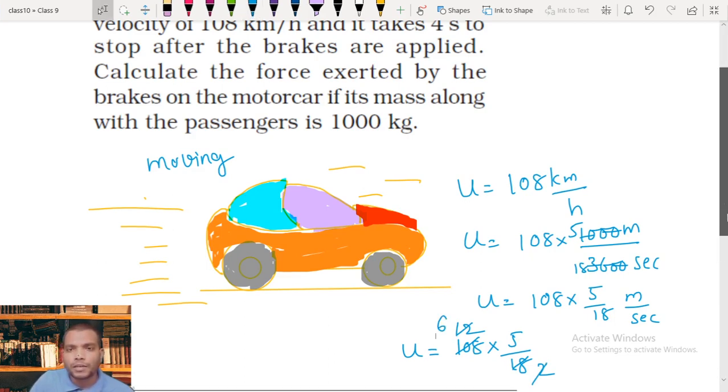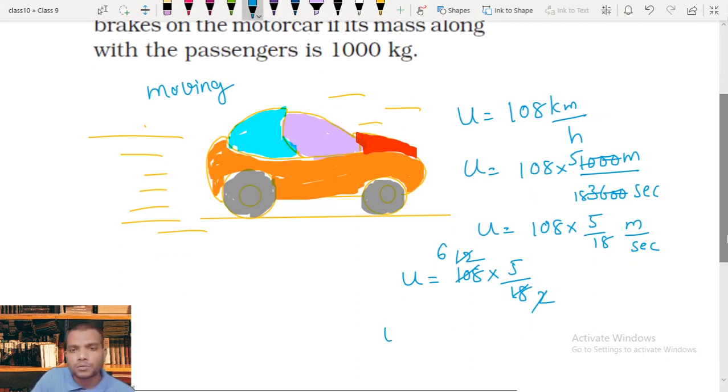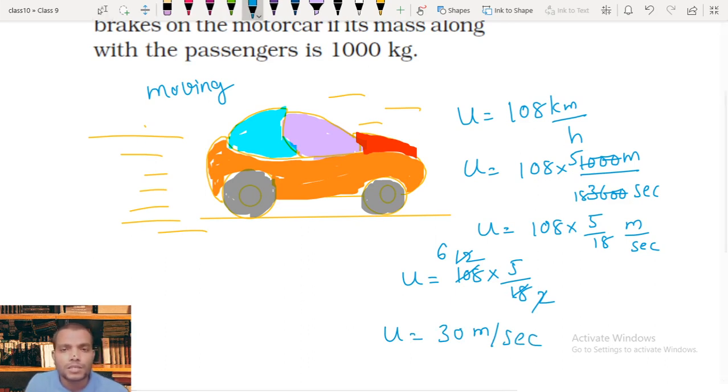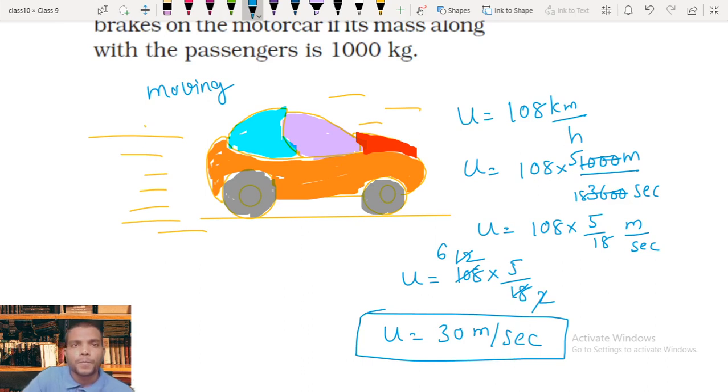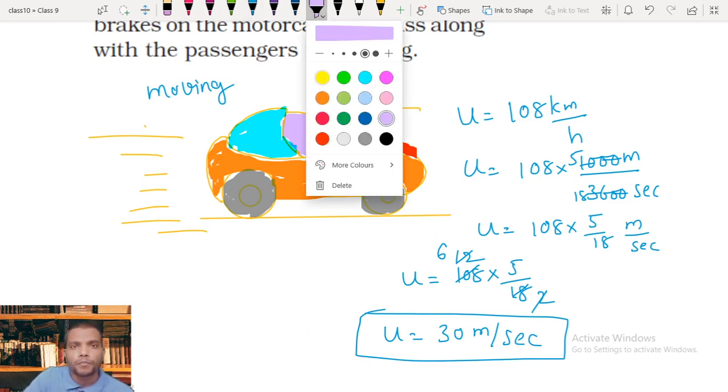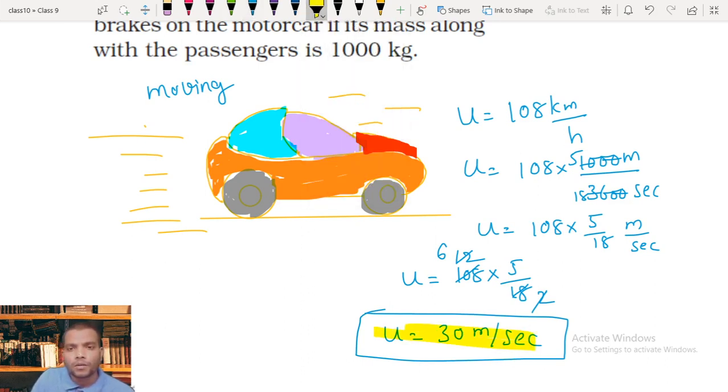So I finally got initial velocity u equal to 30 meter per second. If you remember, to convert kilometers per hour into meters per second, we need to multiply by 5 by 18.